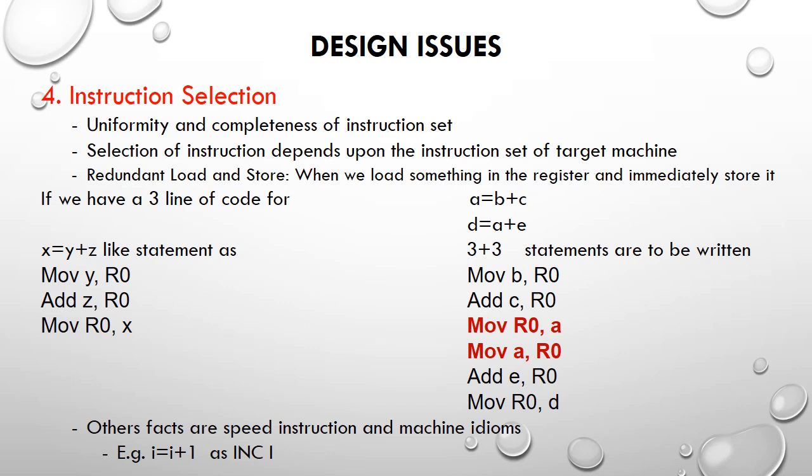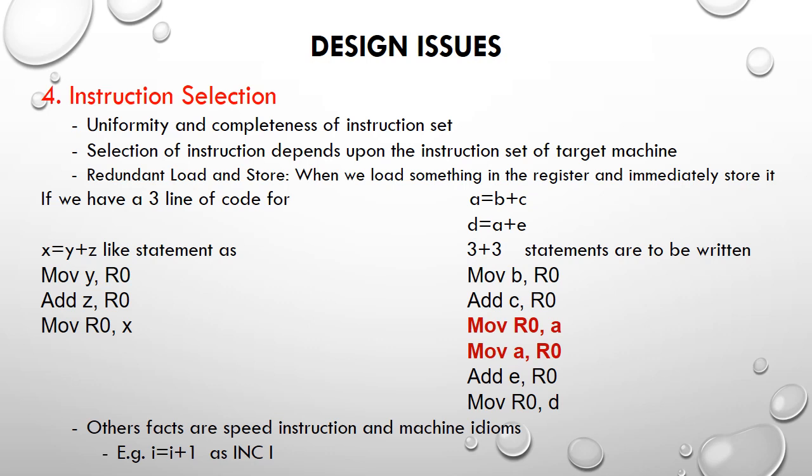It means value z is added to the content of the r0 register, and the answer is also stored in r0. And then finally the answer y plus z, which is in the r0 register, has to be transferred to the memory location x.